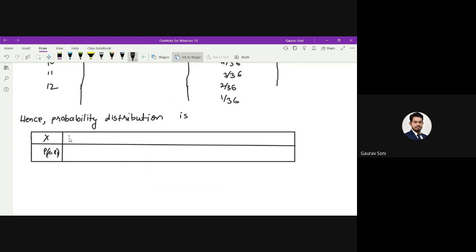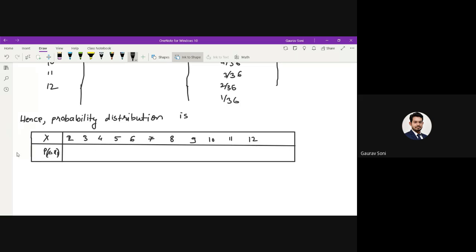We have the values 2, 3, 4, 5, 6, 7, 8, 9, 10, 11, 12.